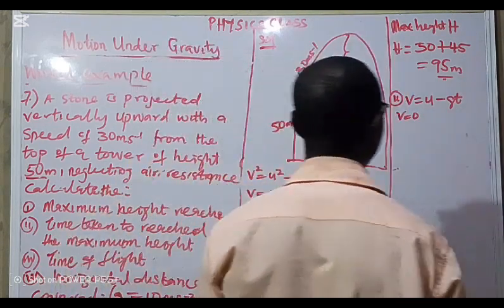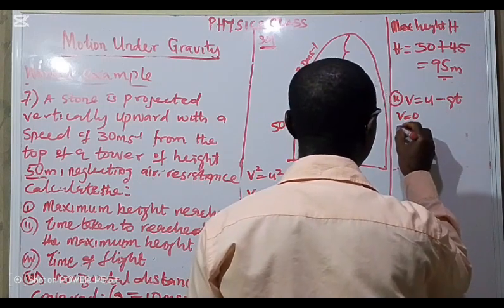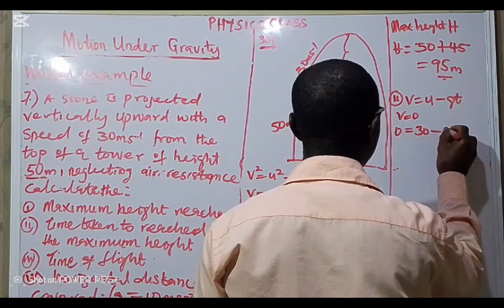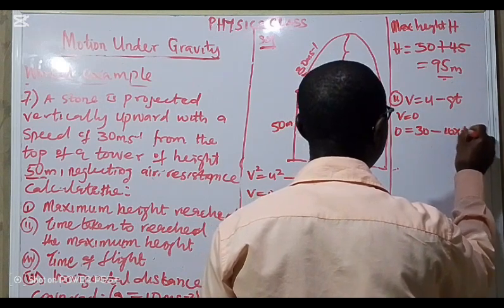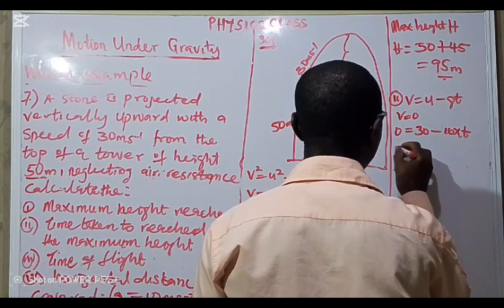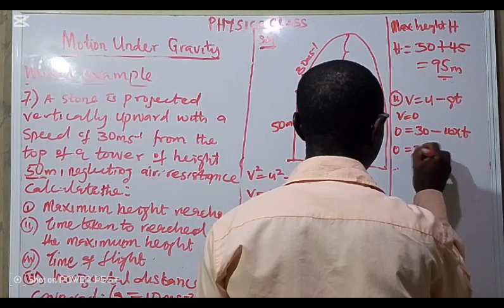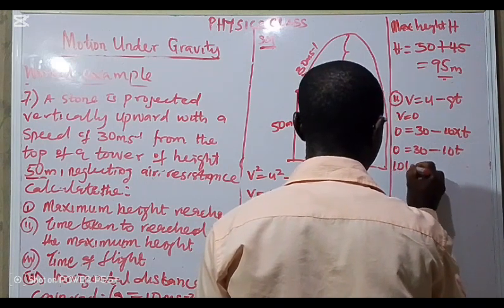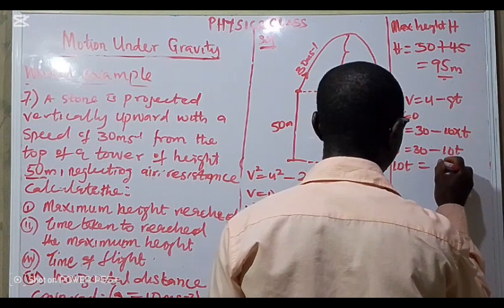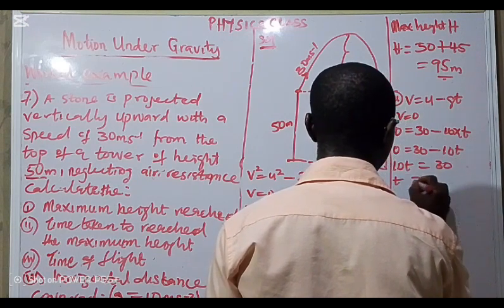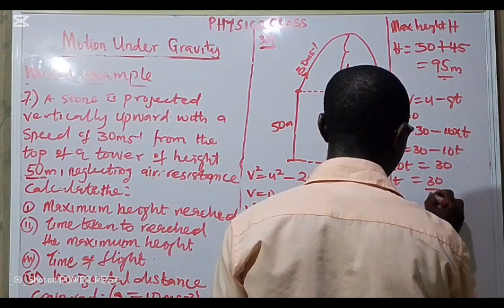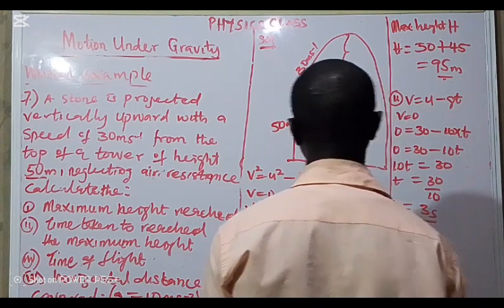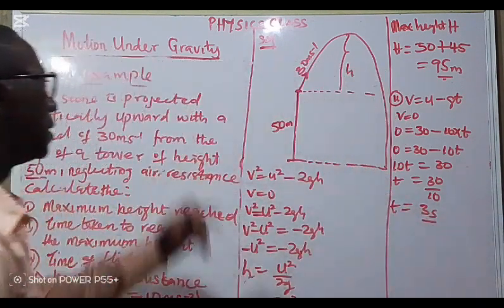So we are left with 0 is equal to 30 minus 10 multiplied by t. So 0 is equal to 30 minus 10t. 10t will be equal to 30. t is equal to 30 over 10. So t will be equal to 3 seconds. That is the time taken to reach the maximum height.